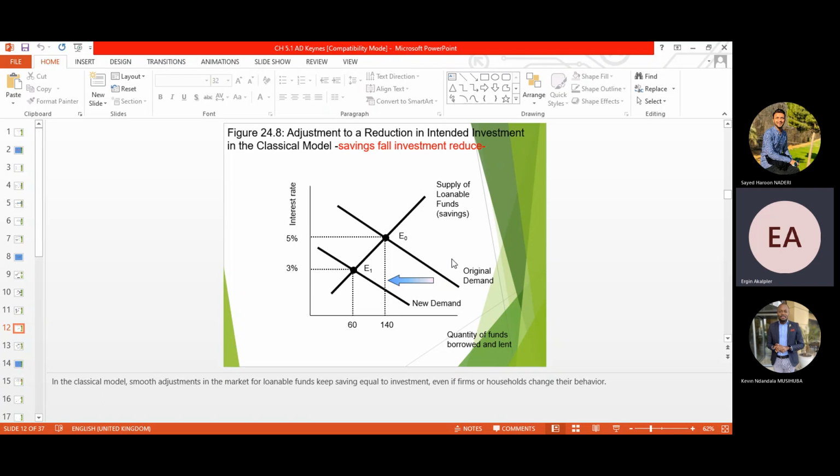Otherwise, you are always experiencing some deficit problem, or you are always knocking on the door of international institutions such as the IMF, the International Monetary Fund, or the World Bank, or other institutions for borrowing some capital, or you will then invite FDI or FPI, foreign direct investment or foreign portfolio investment, to the economy for being able to enlarge and increase your economic activities, which also sometimes creates some problems for the economy because of the current account deficit and the balance of the economy may not be sustainable for the domestic producers, or they may not be able to compete with these international institutions in the economy.